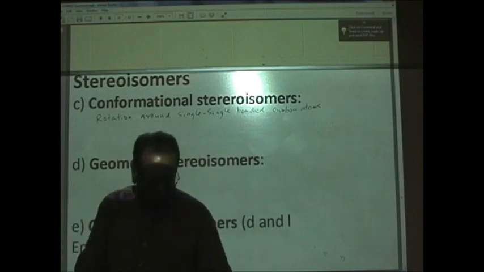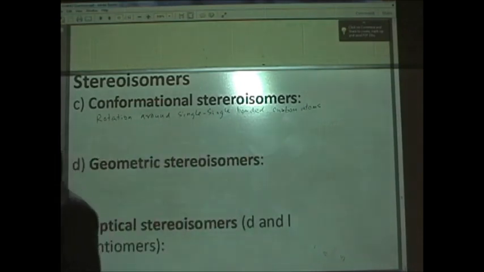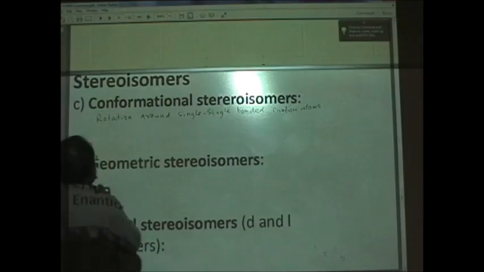Okay, if you create for example, I'm getting the butane molecule here, normal butane, right? Now I want you to focus on this bond here in the middle. You can rotate stuff here, all right? These groups are hitting each other. There are different ways to write it.